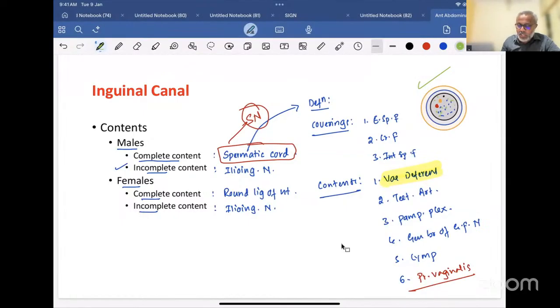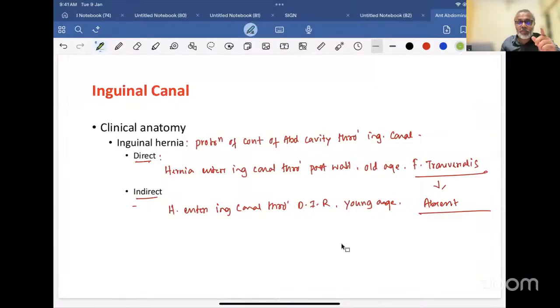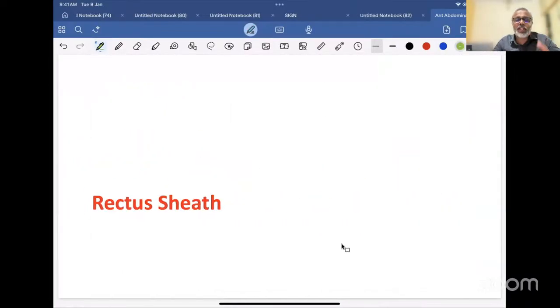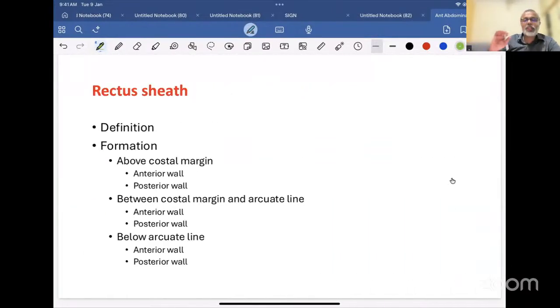Now, let's discuss one more important question, that is rectus sheath. If rectus sheath is asked, how do we represent the answer for the rectus sheath? Let's try to find out. Okay, so rectus sheath could be a 5 marker. Very rarely it has also been asked as a 10 marker question.